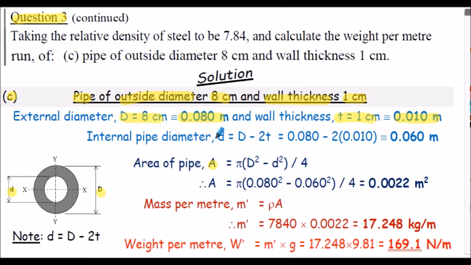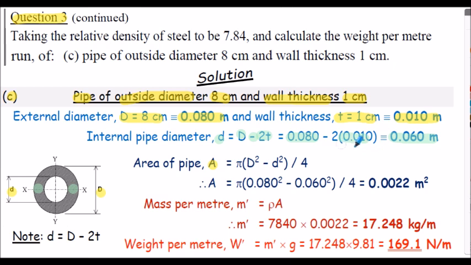Be careful when you calculate the inside diameter, it's the outside diameter minus twice the wall thickness. So the outside diameter is 0.08 meters, and then the wall thickness is 0.01 meters, but of course there are 2 wall thicknesses to take from the outside diameter to calculate the inside diameter. So the inside diameter is 0.06 meters. That's usually where students make a mistake.